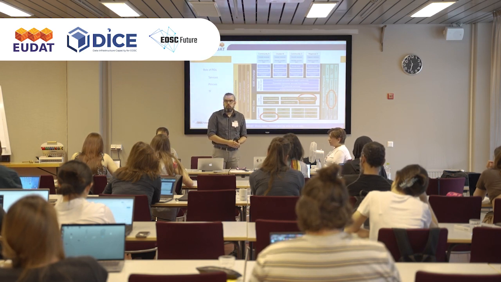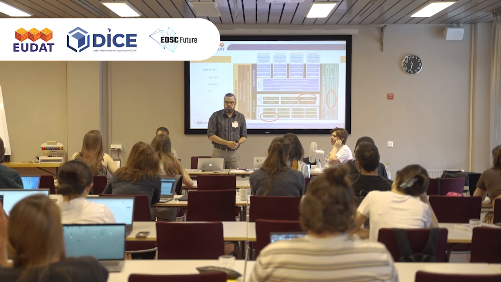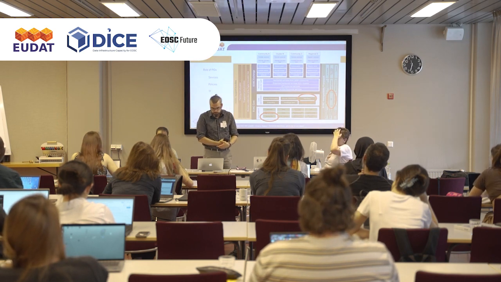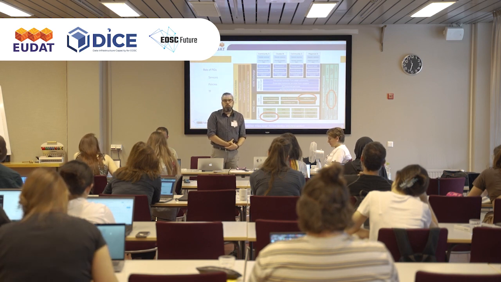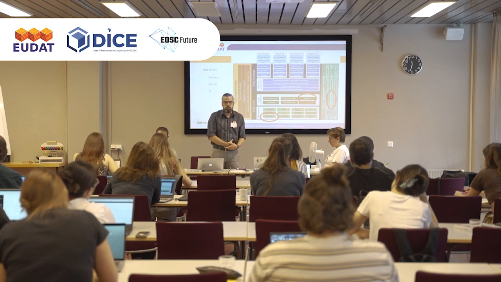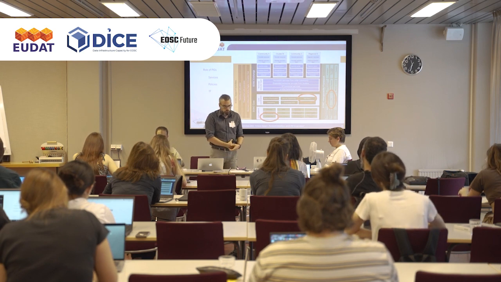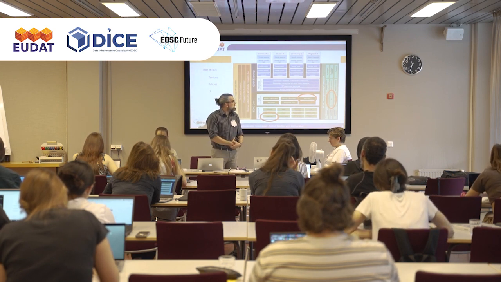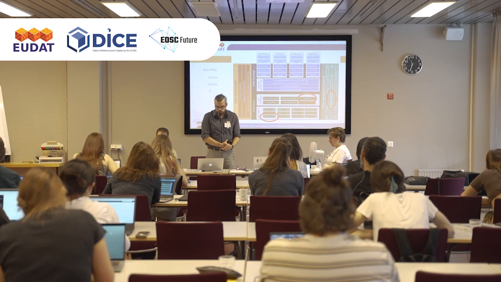Who has never heard anything about the European Open Science Cloud? Okay, so the European Open Science Cloud is a flagship initiative to support science in Europe and beyond. What you see on the slides is the architecture of the European Open Science Cloud.